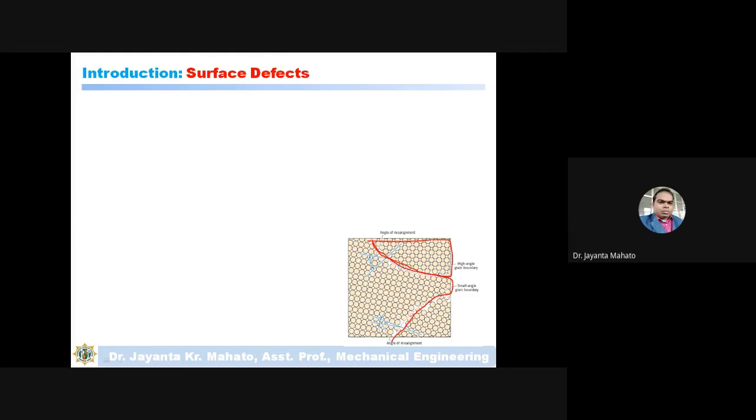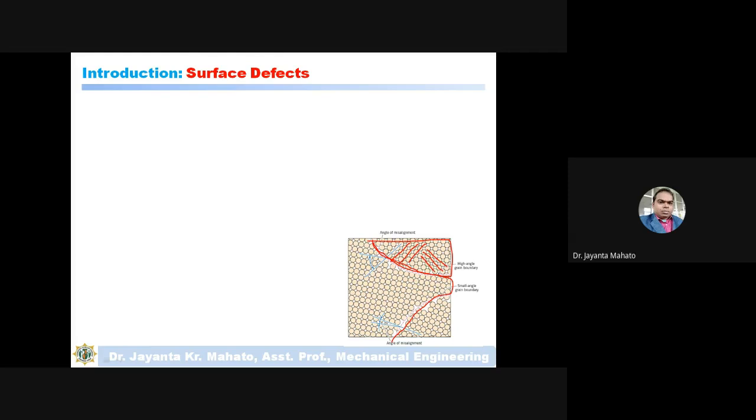Okay, so in this grain all the atoms are arranged, in this grain atoms are arranged in the same way, like this orientation is arranged in this grain and along this.